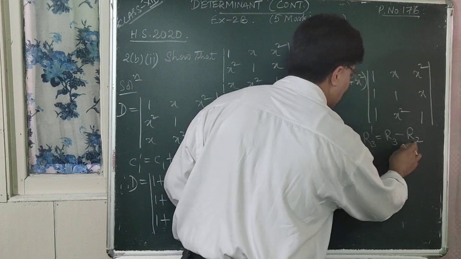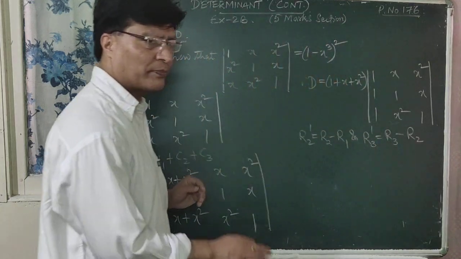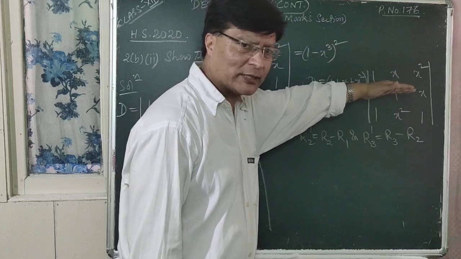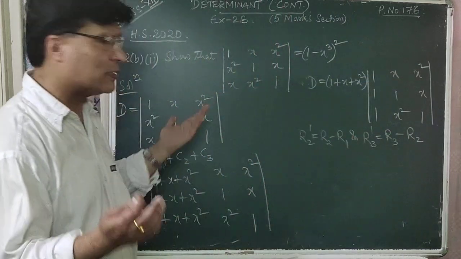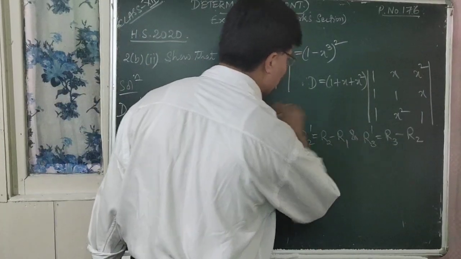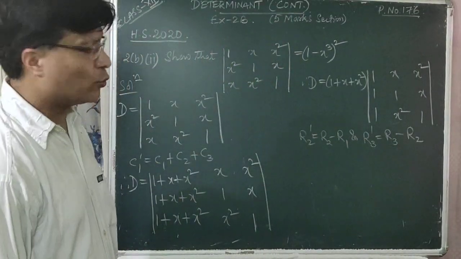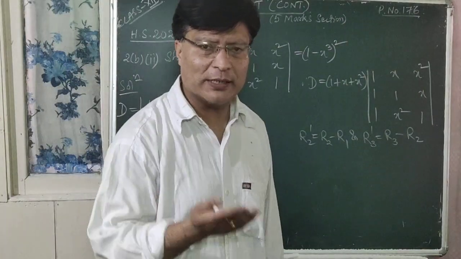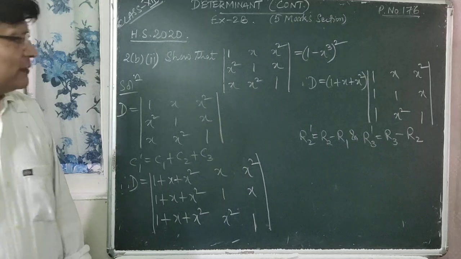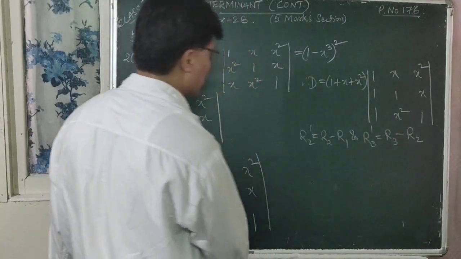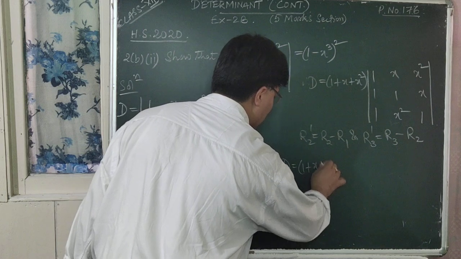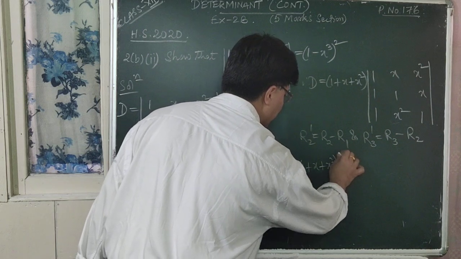You may write r3 minus r1 or r3 minus r2, or you can do r1 dash is equal to r1 minus r2 and r2 dash is equal to r2 minus r3 also. You can do it, isn't it? So let us change the second row and the third row now. So we are making any 2 of these ones 0 so that it will be easier for you to expand the determinant, right? So therefore d is equal to, within bracket, 1 plus x square.